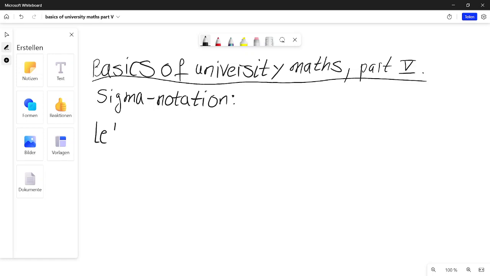Let f from 1 to n be a map into the real numbers, but generally for sigma notation we could have a map that just goes into any structure where addition or multiplication works.